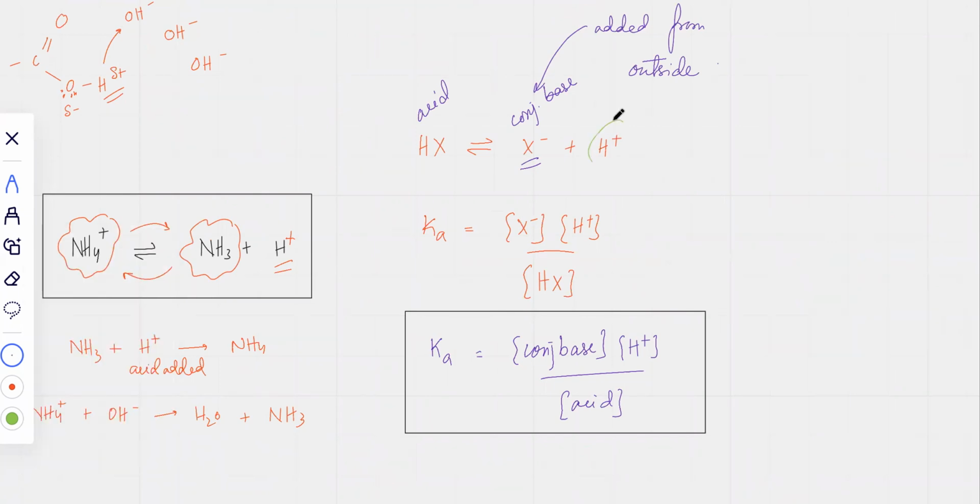The concentration of H+ and the concentration of X- are no longer exactly the same. You've added more of this conjugate base from outside. So your Ka expression is the concentration of the conjugate base times the concentration of H+, divided by the concentration of the acid. So it's basically products over reactants.